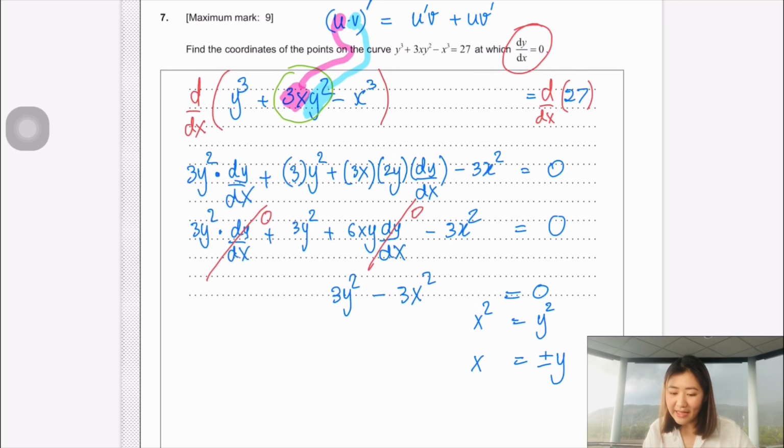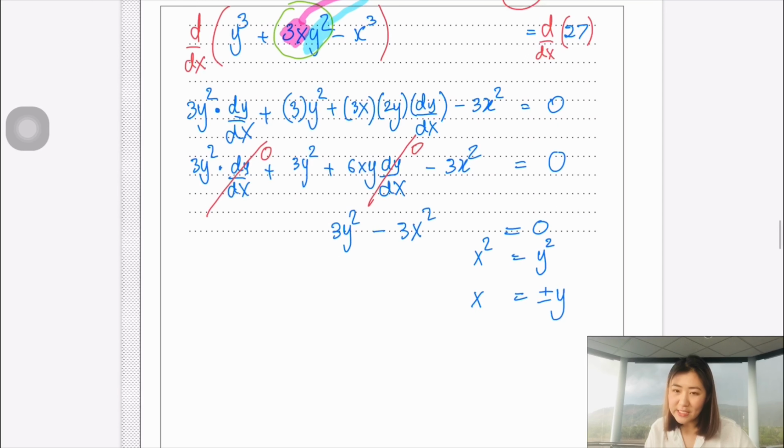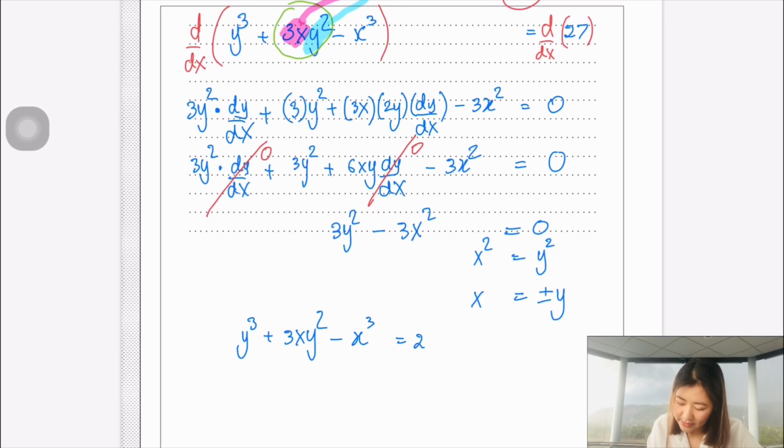We have to find the coordinates, right? So we copy the original equation down: y cubed plus 3xy squared minus x cubed equals 27. So you have two cases. The first one is when x equals y. The second one is when x equals minus y.